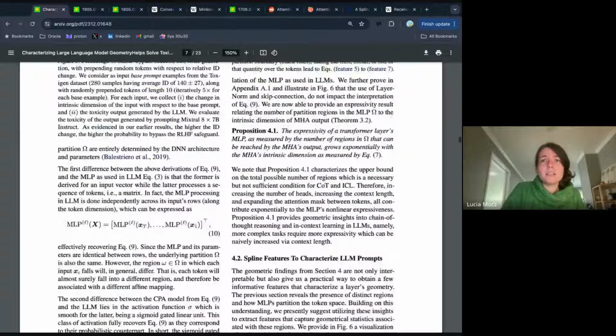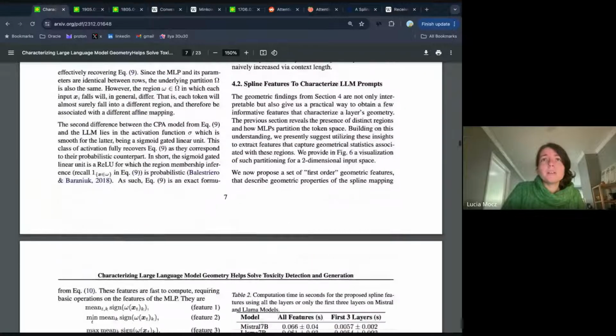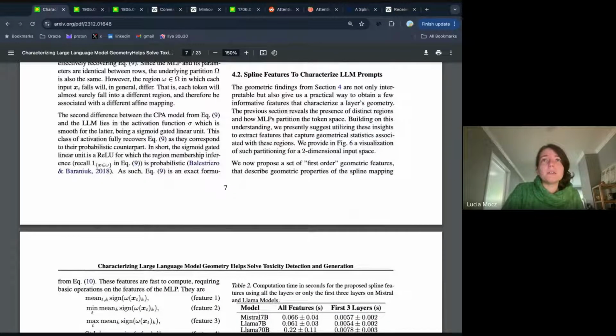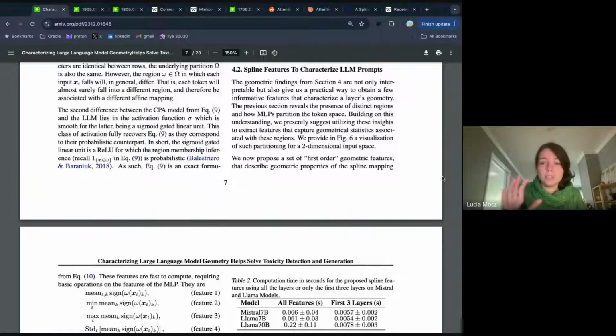So why is this important? This is important because what they claim is that you can understand how these spline breakdowns work.